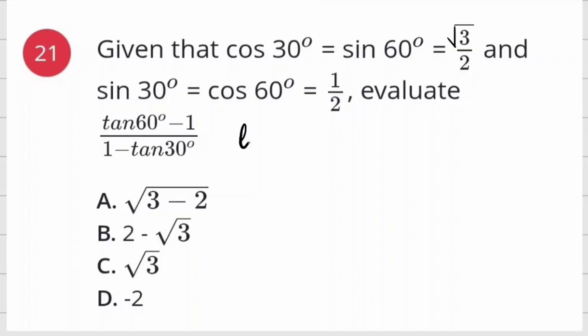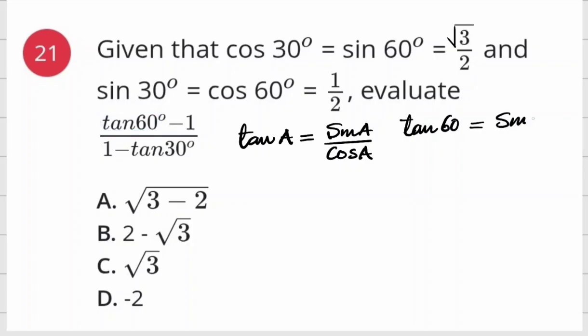We should remember that tan A is the same thing as sin A over cos A. That's the identity for tan A. So therefore, tan 60 will be equivalent to sin 60 over cos 60. And we have been given that sin 60 is root 3 over 2 and cos 60 is 1 over 2.